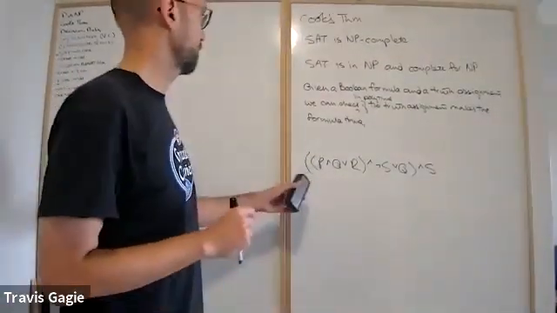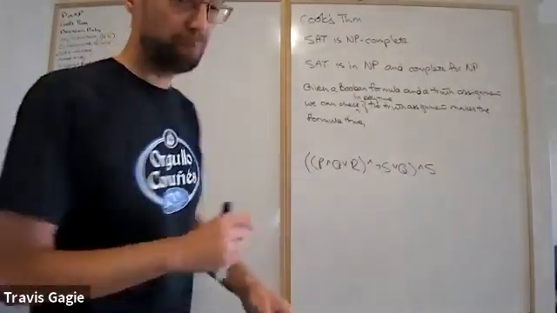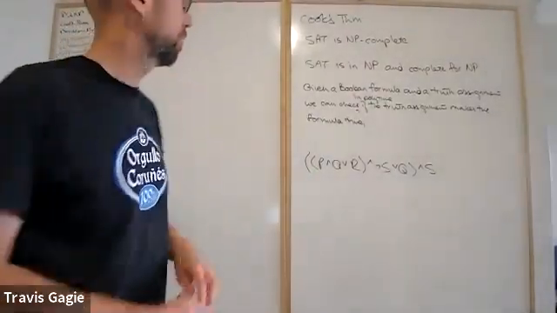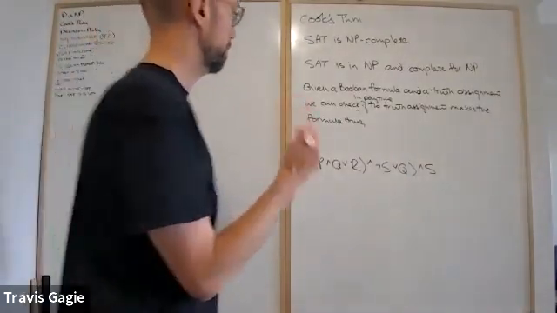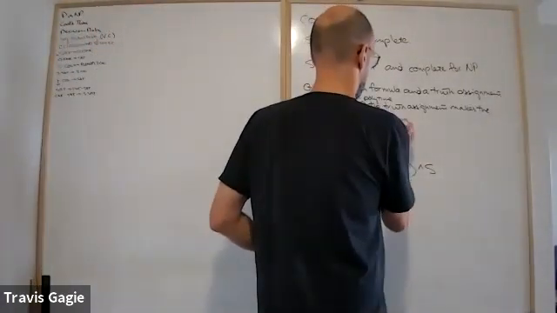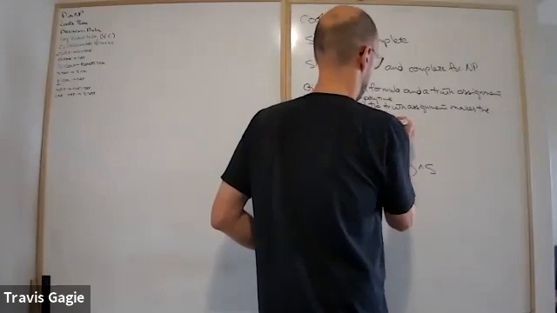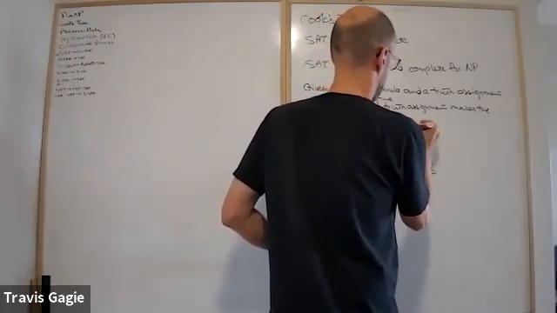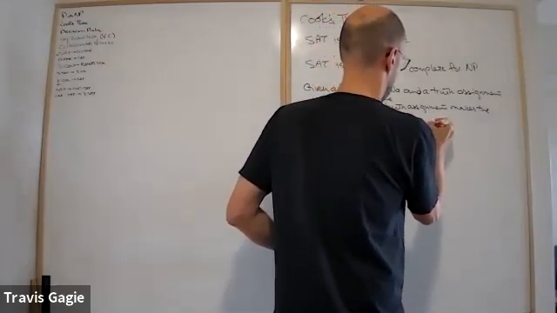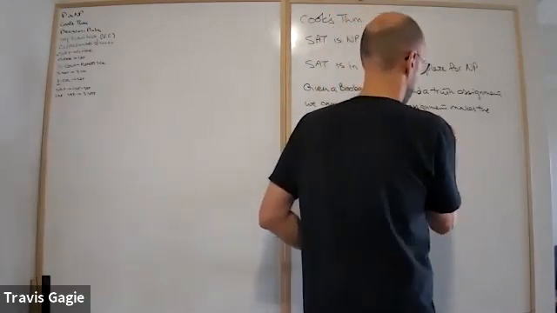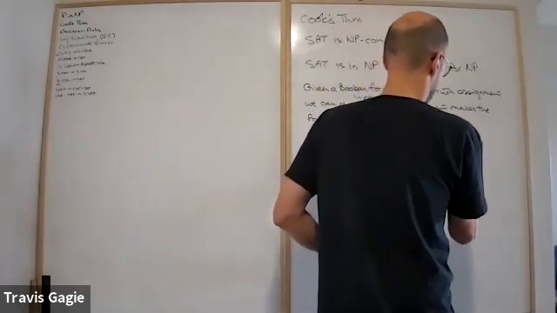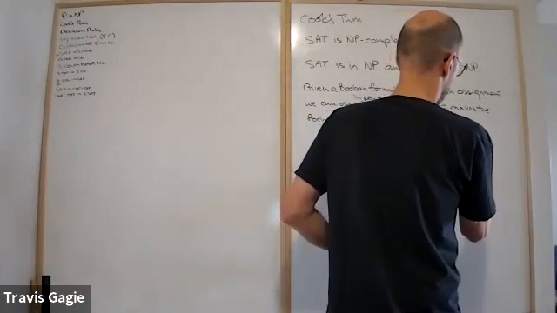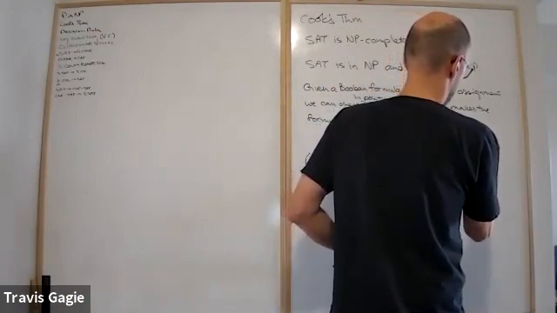So shouldn't have drawn this here. So this part is SAT is in NP. NP is the class of, formally it's the class of decision problems.